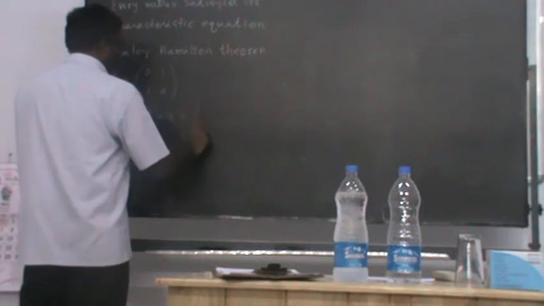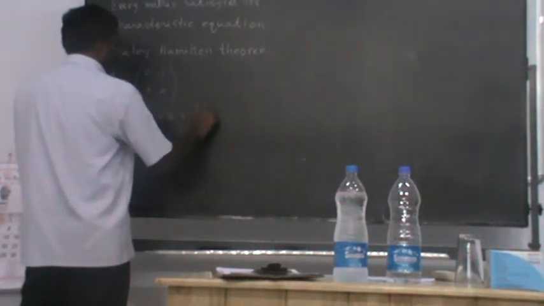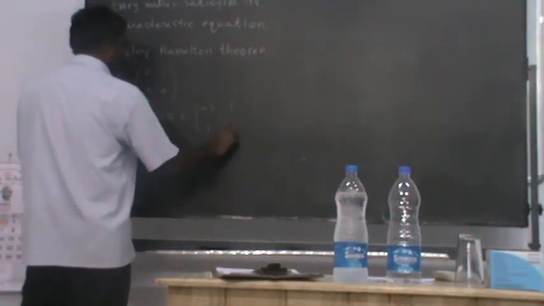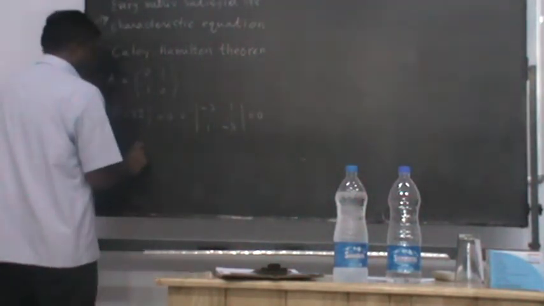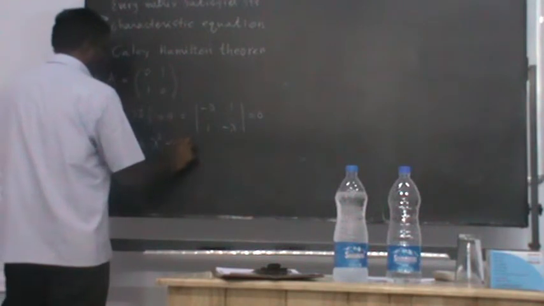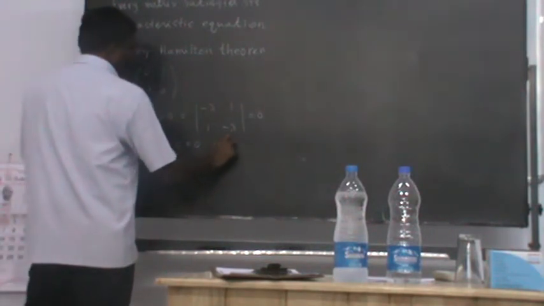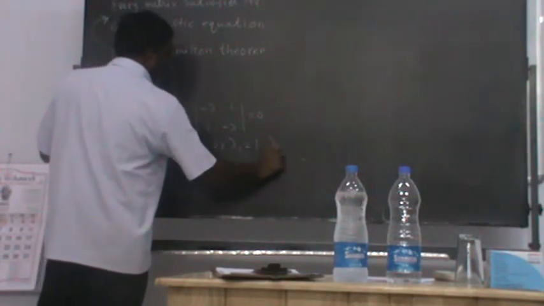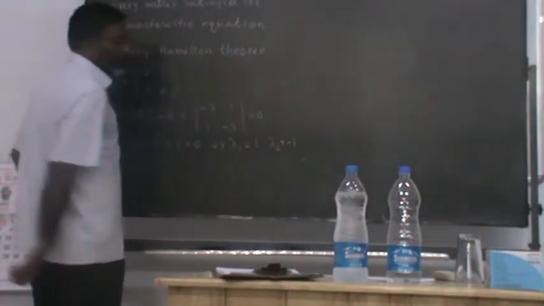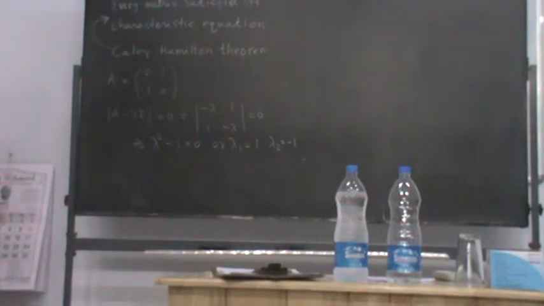That means determinant of minus lambda, 1, 1, minus lambda is equal to 0. It implies lambda square minus 1 is equal to 0. You have two eigenvalues, lambda is equal to 1 and lambda is equal to minus 1.